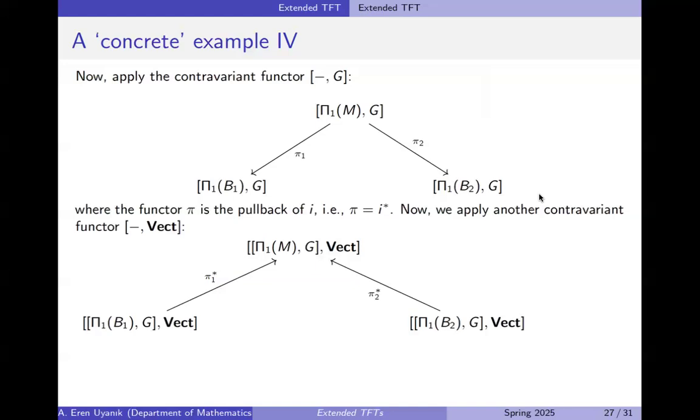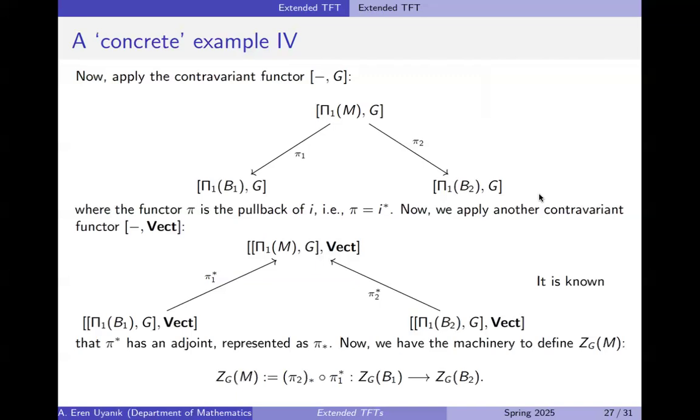In this diagram, we don't do it. But what we know is, I don't know, but the book knows, this pi 2 star is an adjoint. I don't know how we get this. And we can define this, first go from here to the above, and then come back here with the adjoint.